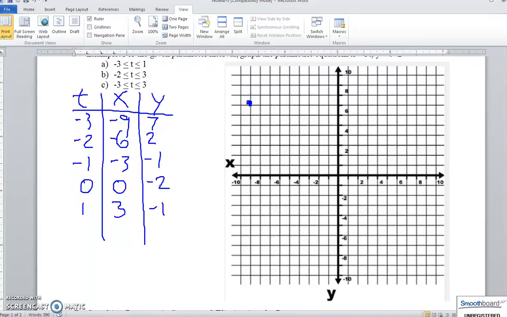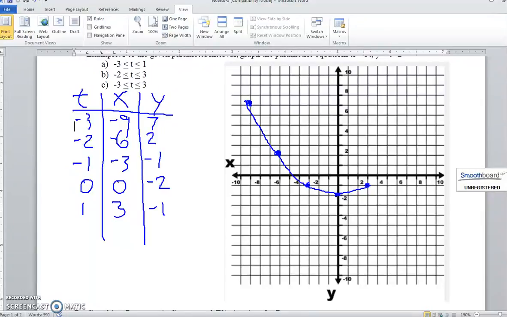So -9, 7, then -6, 2, then -3, -1, then 0, -2, and 3, -1. If we connect them, you see we're getting what looks to be part of a parabola.